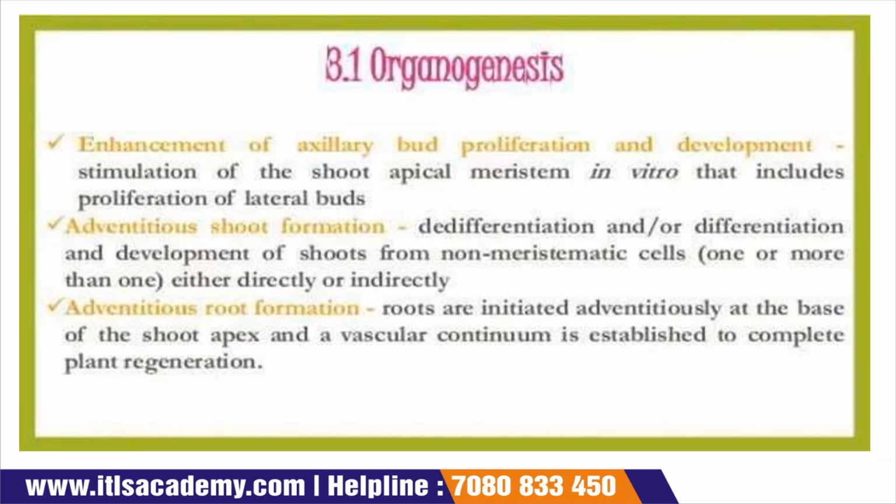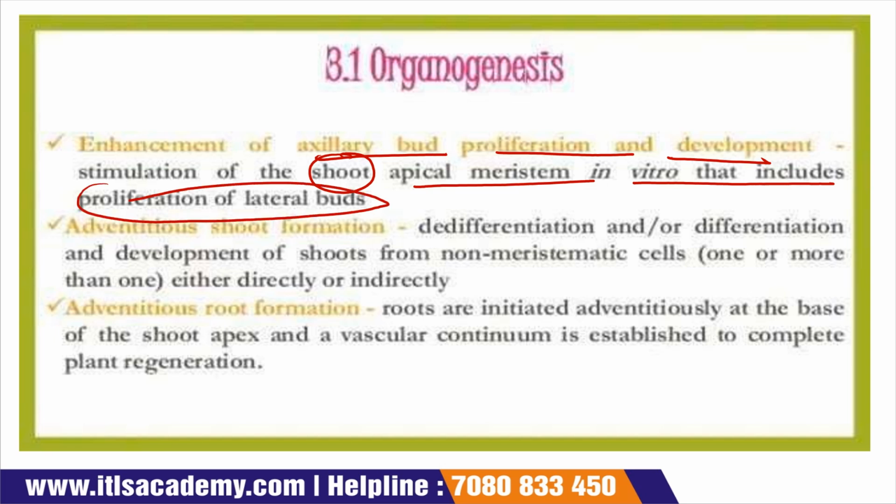Now organogenesis again has three forms. One is enhancement of axillary bud proliferation and development. There is a stimulation of the shoot apical meristem in vitro that includes proliferation of lateral buds. Now the second one is adventitious shoot formation.